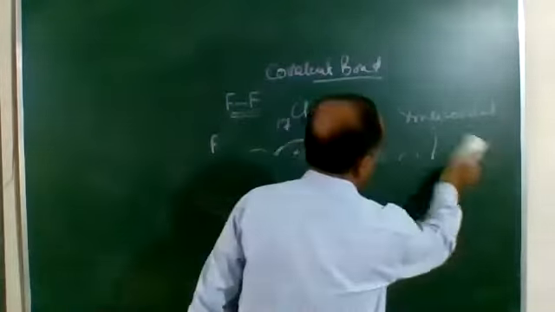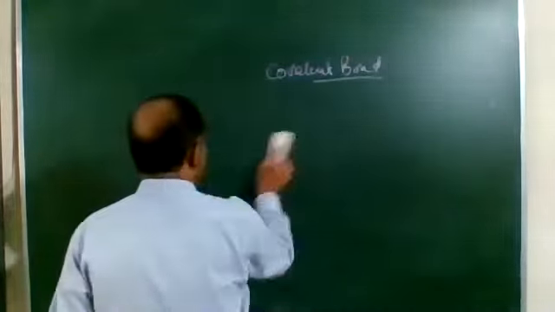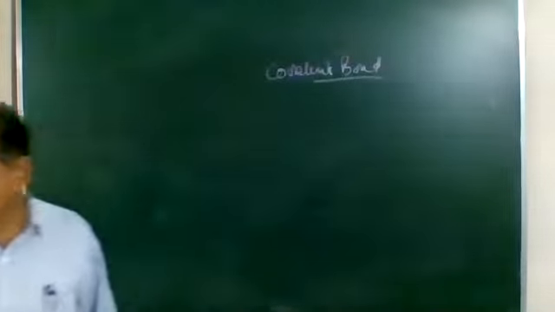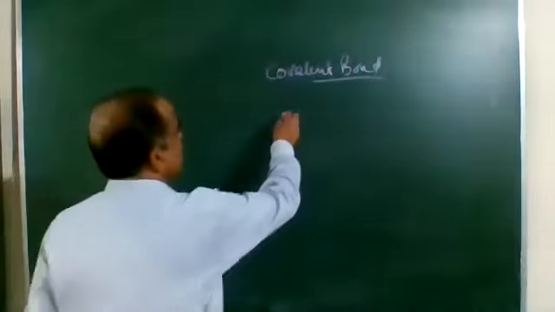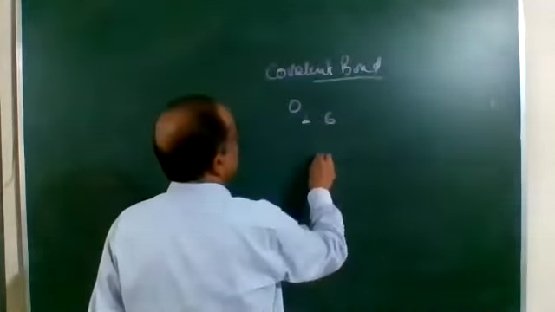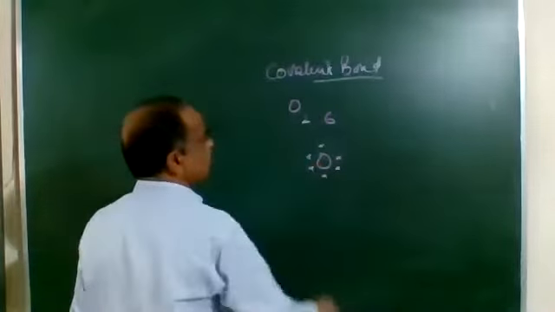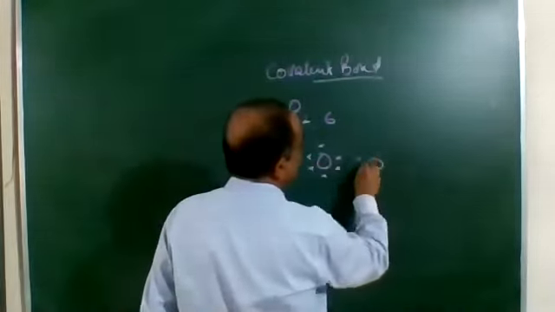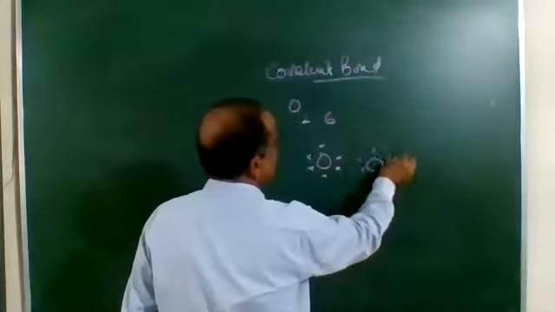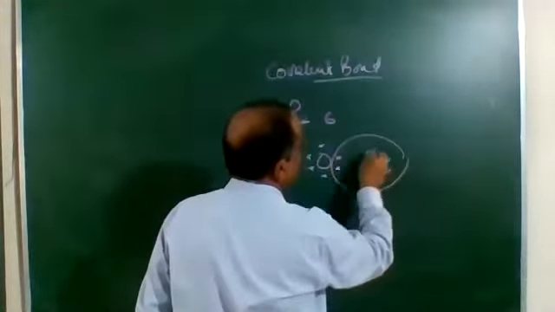Now let's take one more example, oxygen. Oxygen's atomic number is 8 and its electronic configuration is 2,6, so it has 6 electrons in the outermost orbit. The next oxygen also has 6 electrons in the outermost orbit, and the sharing takes place in this manner.